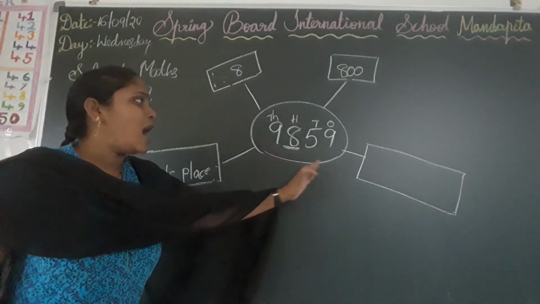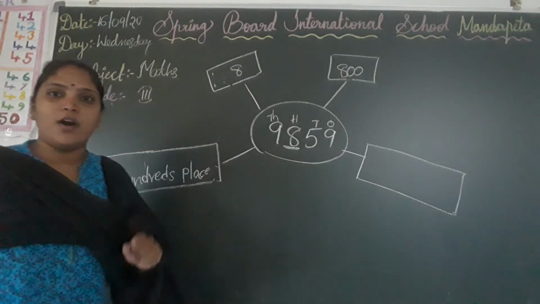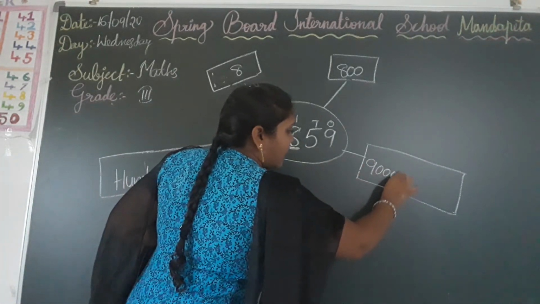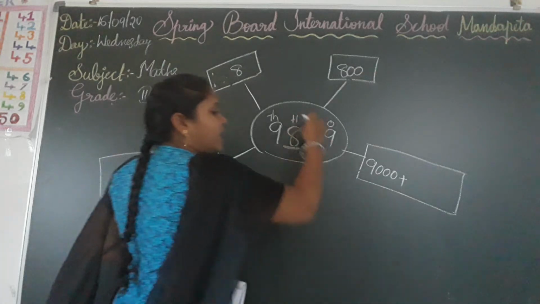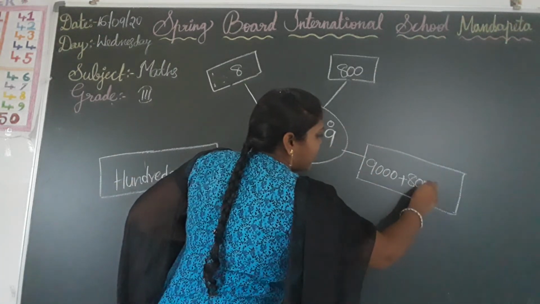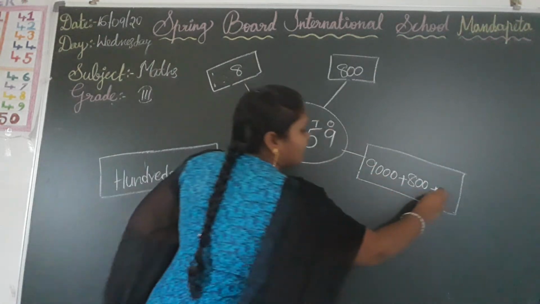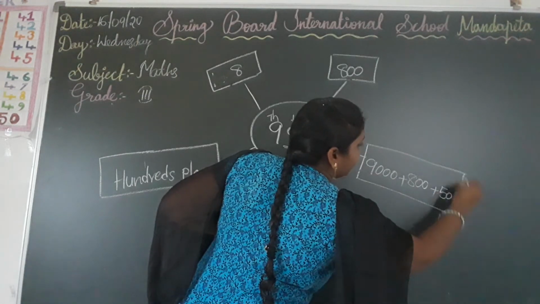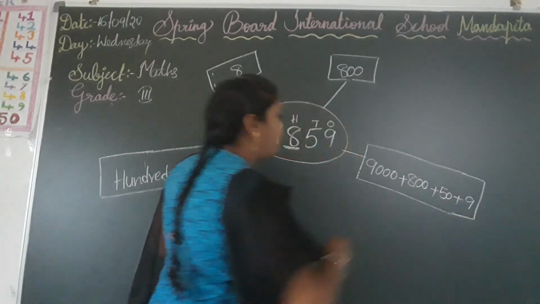Next we have to write the expanded form of the number. So here 9 is in the thousands place, means 9000, plus 8 is in the hundreds place, means 800, plus 5 is in the tens place, means 50, plus 9 is in the ones place, it is 9.